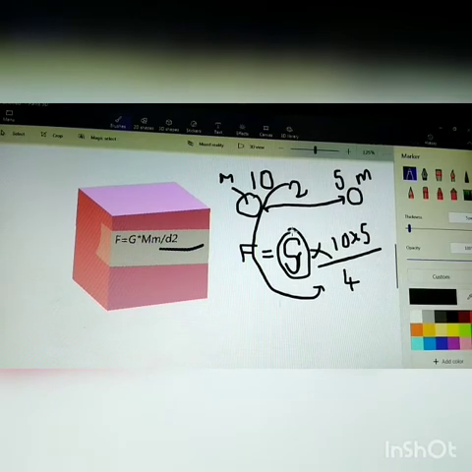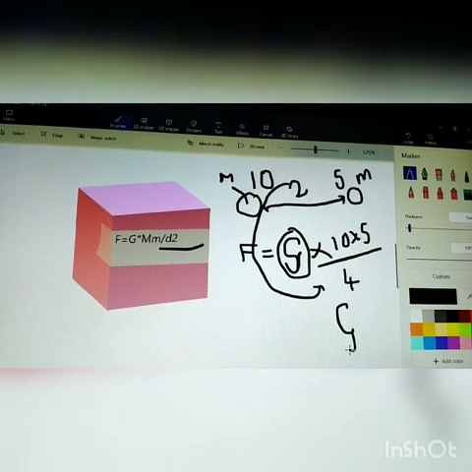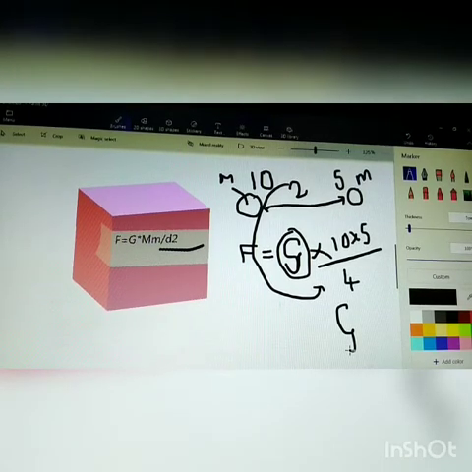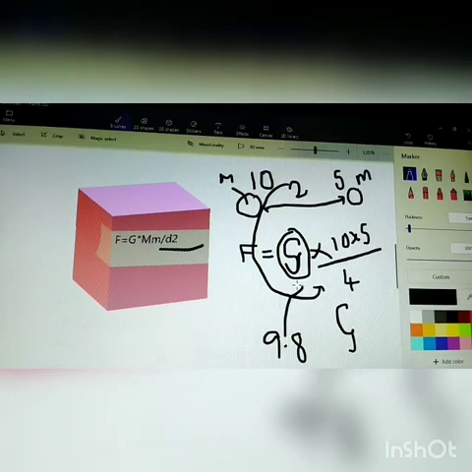That's a very important question. Gravity is constant around the earth. It may differ from point to point, but by a very little amount. So the gravity constant is 9.8. So we can substitute this value in this gravity.